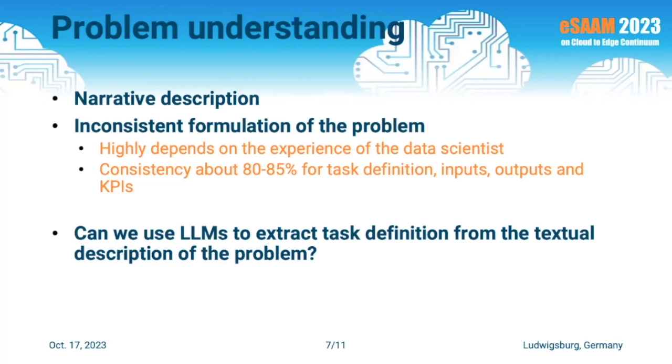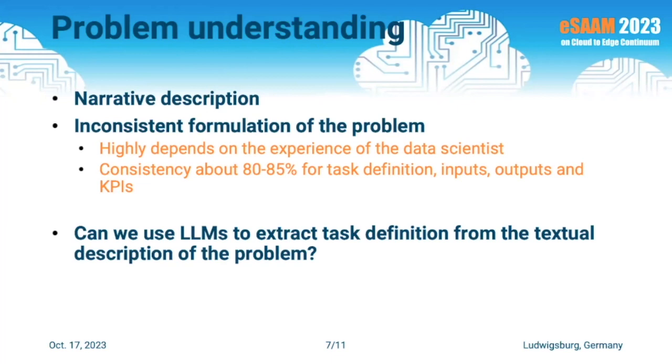Mostly the problem understanding is based on the narrative communication between the domain expert and the data scientist. And we found out that with the same description and with the same knowledge sharing, data scientists can have a different understanding of the problem.